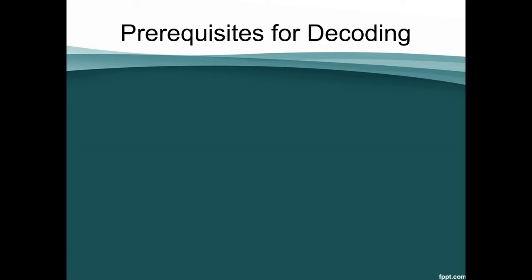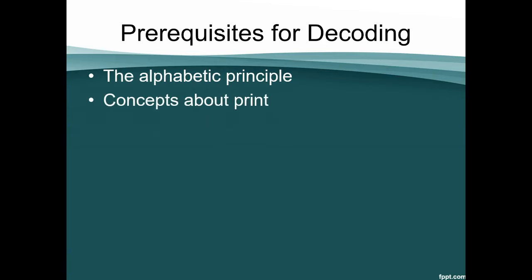We have some prerequisites for decoding. First and foremost, we have the alphabetic principle. Children must develop the fundamental insight that letters and sounds work together in systematic ways to form words. This understanding provides the foundation for the development of decoding skills. Next, we have concepts about print.